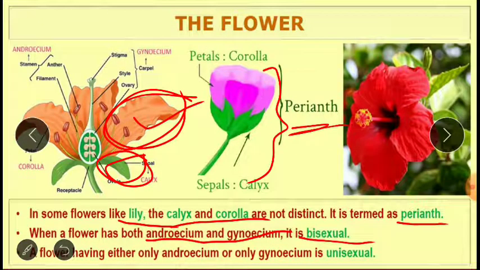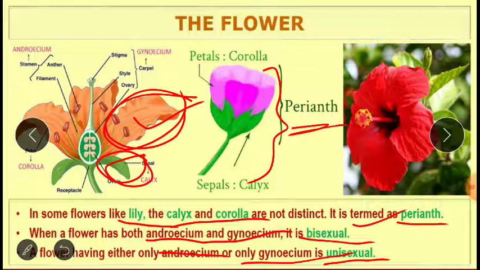Androecium is the male part, whereas gynoecium is the female part. So when male and female are both present on the same flower, it is known as bisexual, whereas a flower having only androecium or only gynoecium is known as a unisexual flower.